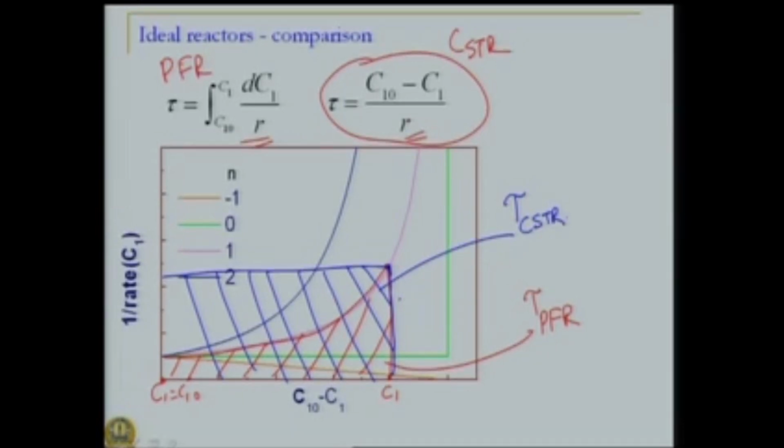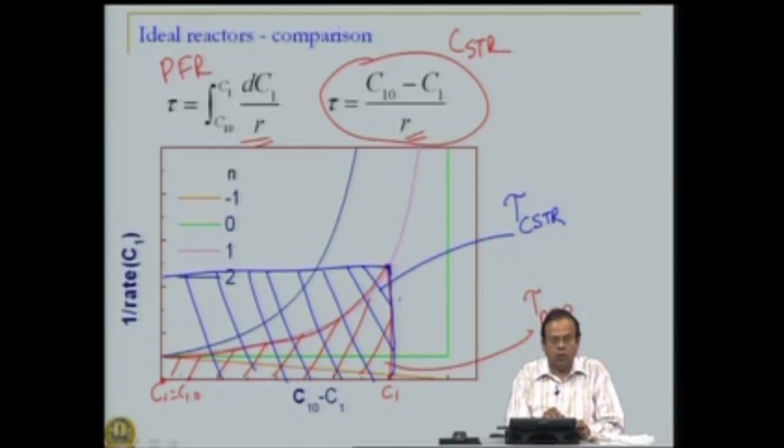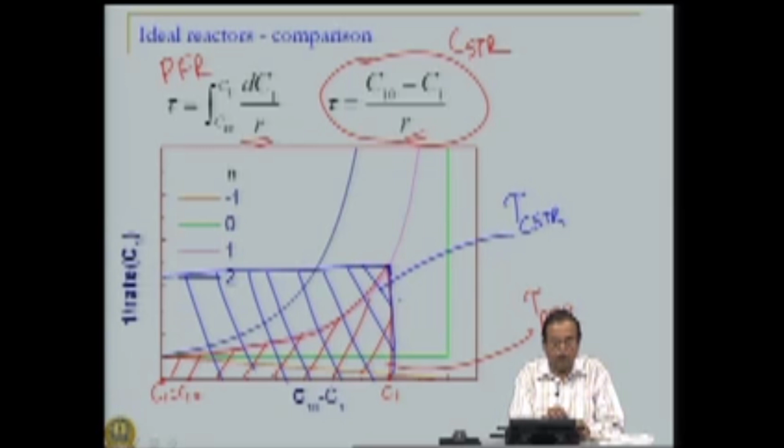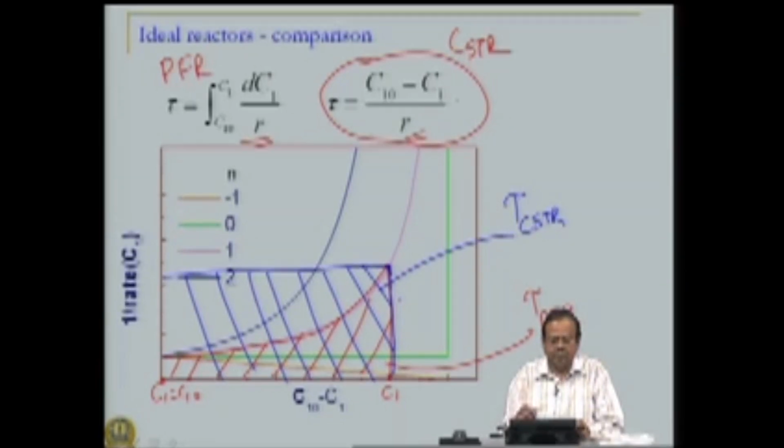Once again, for the plug flow reactor, the area under the curve of 1 over R versus C10 minus C1 is the residence time. For the stirred tank reactor, the area of this rectangle is the residence time.